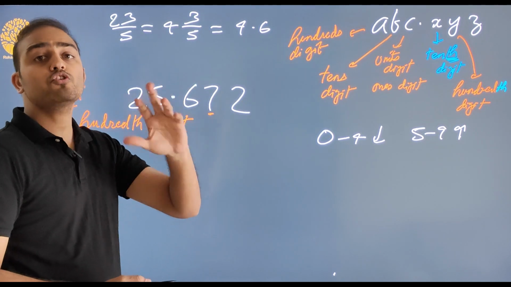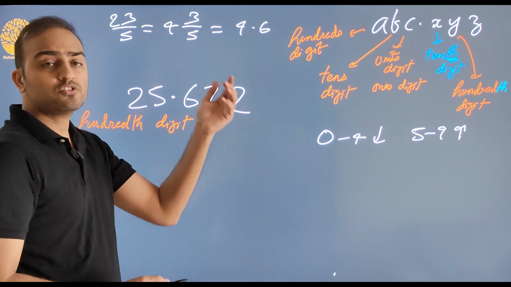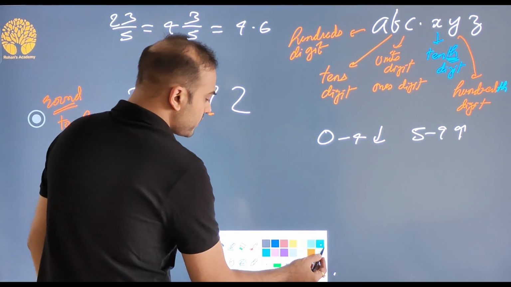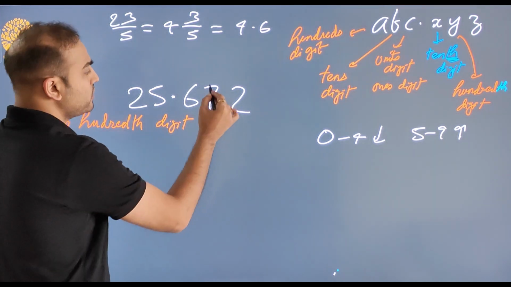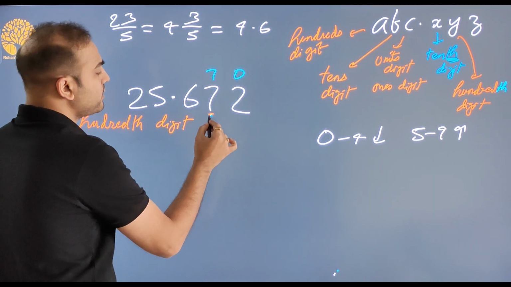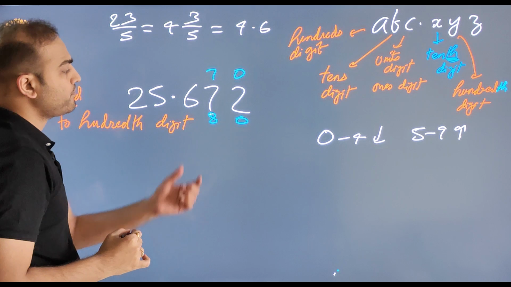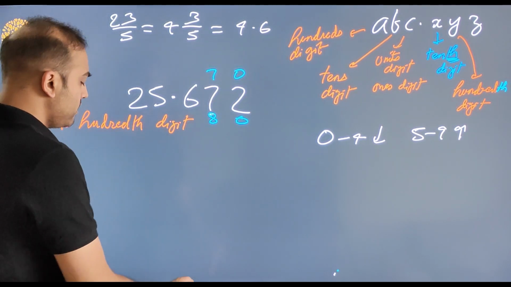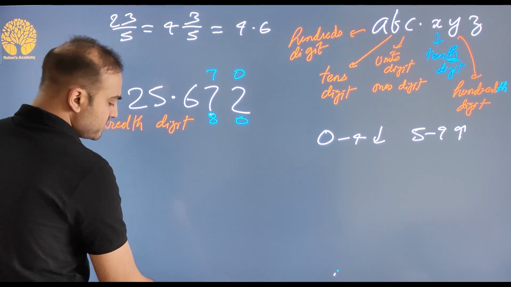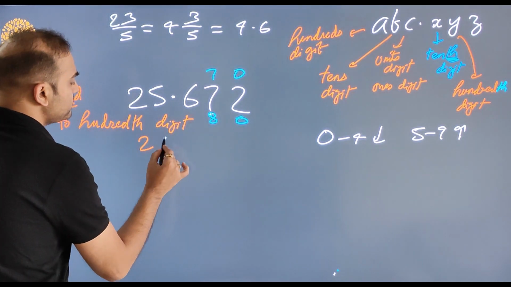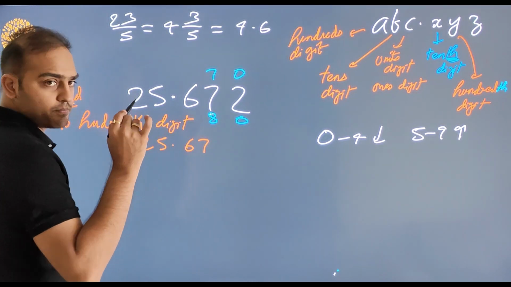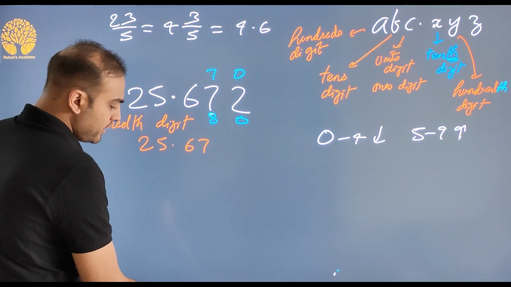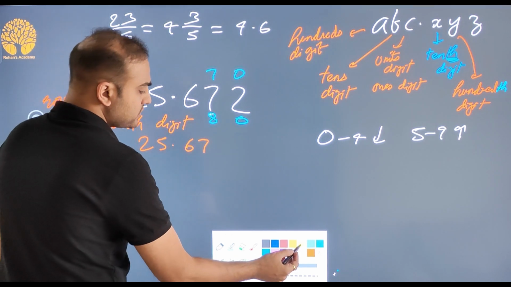Now 672 is closer to what? 72 is closer to 70, right? So lower is 70, higher is 80. 72 is closer to 70, right? So when we round to the hundredth digit, we get the answer as 25.67.